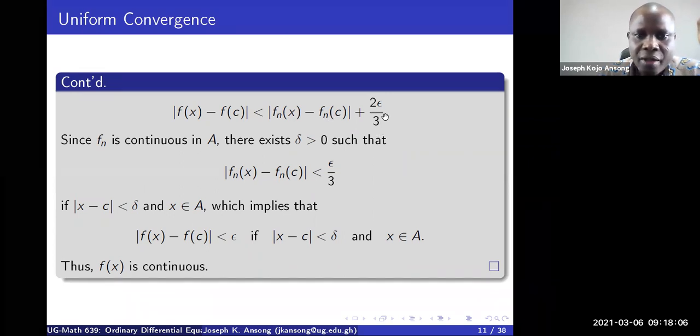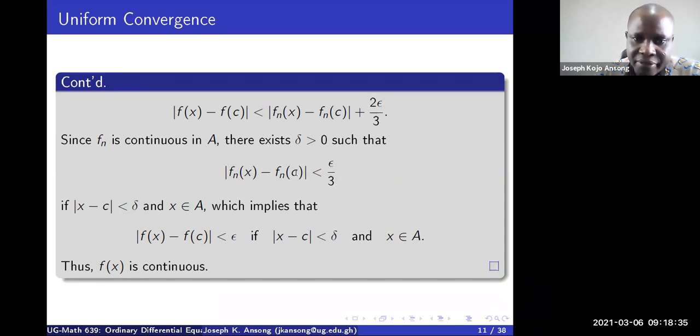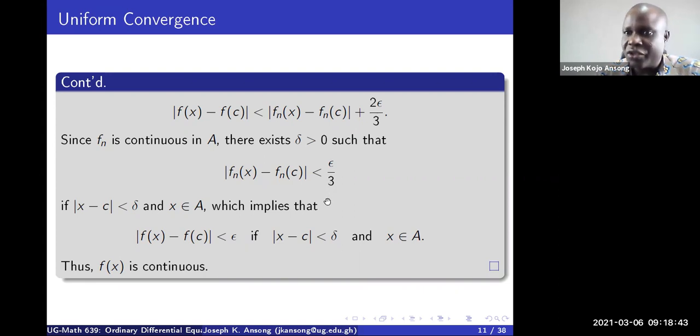Now, we know that each of the functions f_n is continuous, so this is continuous in A. Remember the definition of continuity of real functions: the function is continuous if for epsilon greater than 0 there exists some delta greater than 0 such that the absolute value of f_n of x minus f_n of c is less than epsilon over 3 if the absolute value of x minus c is less than delta and x is in A. Basically, this is taken from the definition of a continuous function.